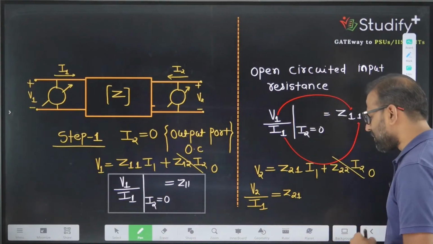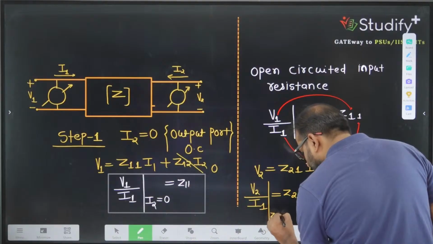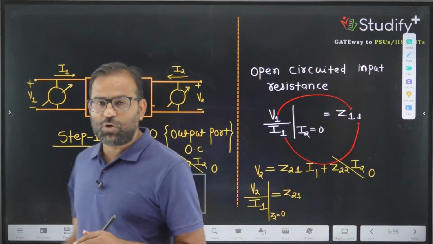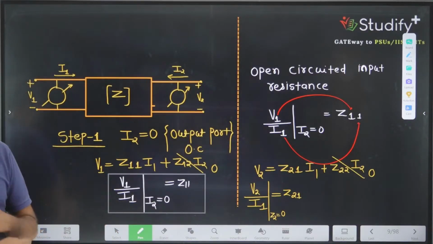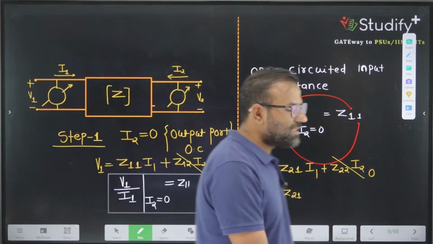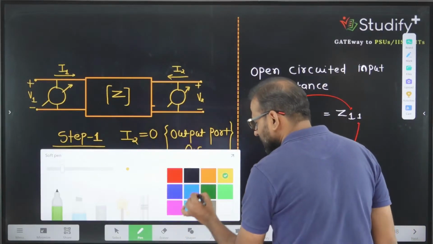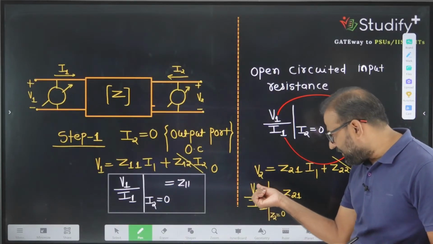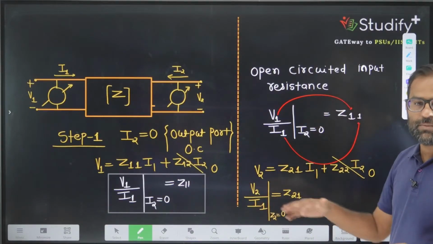And this is known as what? By making I2 equal to 0, you are measuring the voltage at which terminal? Output terminal. So we can call this a resistance, because the V by I ratio always represents resistance, and whenever you take one variable from input and another variable from output, that term is known as trans.